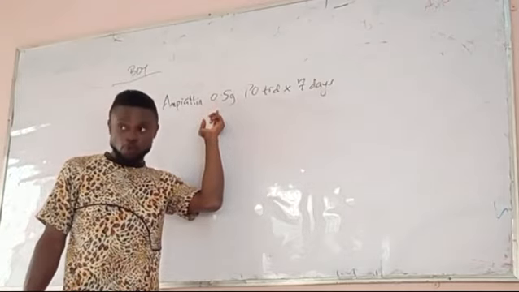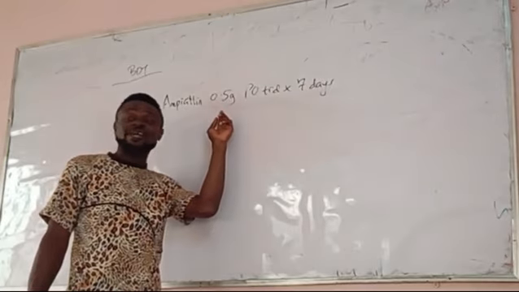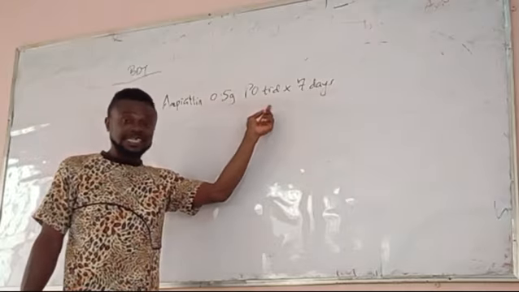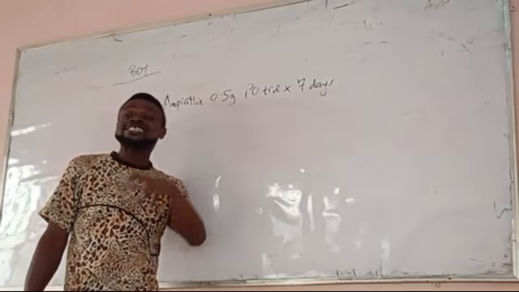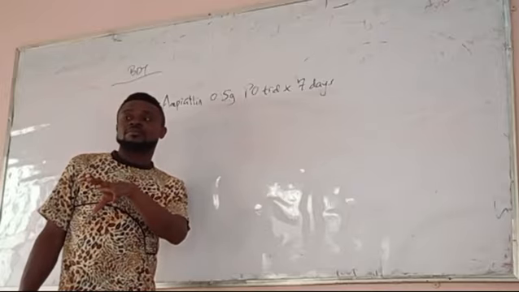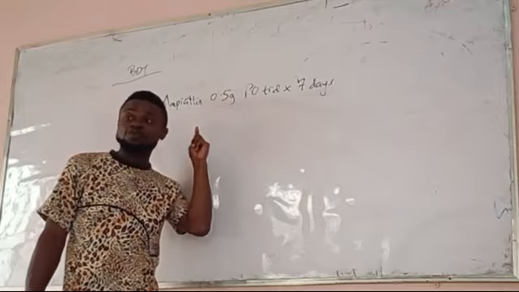So ampicillin 0.5 gram is the dose a patient needs 3 times a day, every 8 hours, for 7 days, to attack the bacteria. That's the dose.